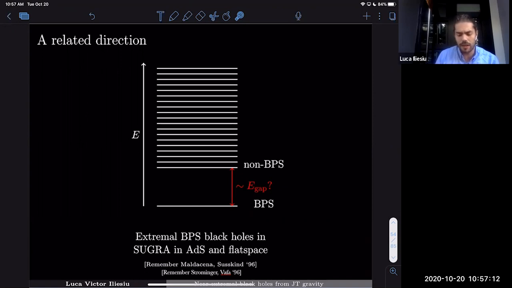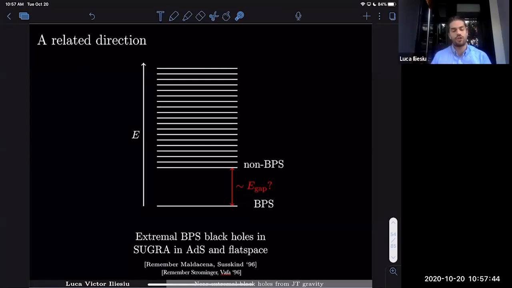So here we will consider a setup of 4D N equals 2 supergravity, which was considered by various authors in various string theory constructions, like it's related to the construction by Maldacena, Michelson and Strominger, and it's also related to the entropy counting of Strominger and Vafa. The question that we'll want to ask is, how does one compute the partition function for such black holes in supergravity?